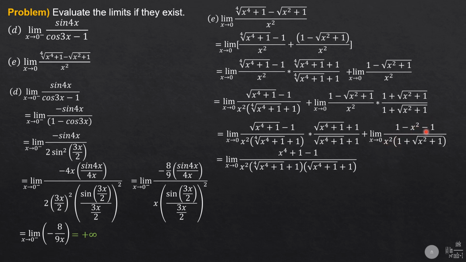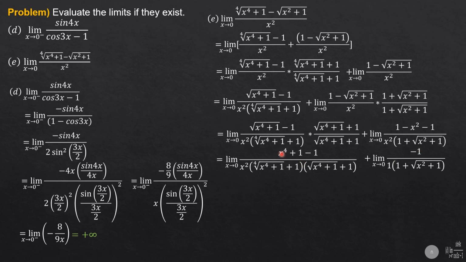We can cancel x squared. And take note, the numerator is just negative x squared over x squared. So negative 1 over the quantity 1 plus the square root of x squared plus 1, plus 1. Which is, when x approaches 0, negative 1 over 1 plus the square root of 1, which is also 1. So this is negative 1 half.